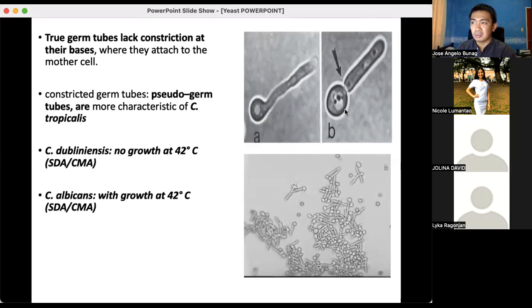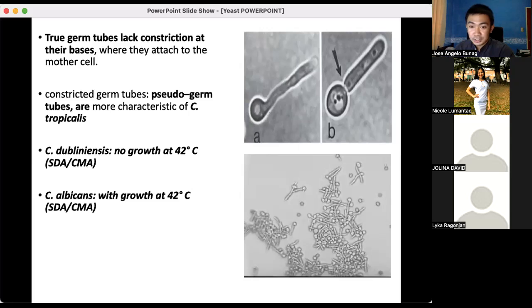Pseudogerm tubes have a constriction, and are more characteristic of Candida tropicalis. And this may be a guide: Candida dubliniensis, wala po tayong growth at 42 degrees Celsius. But Candida albicans, they do have growth at 42 degrees Celsius.